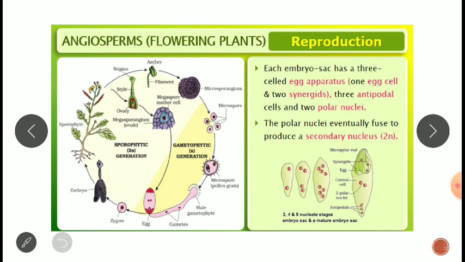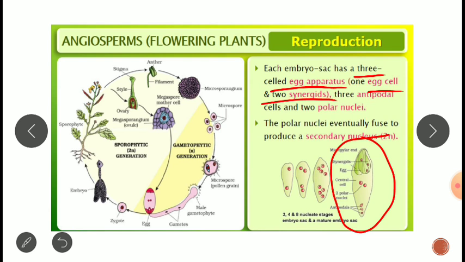Now, next we can see that the embryo sac is going to have a 3-celled egg apparatus. So this is the 3-cell egg apparatus, which has 1 egg and 2 synergids, 3 antipodal cells and 2 polar nuclei.